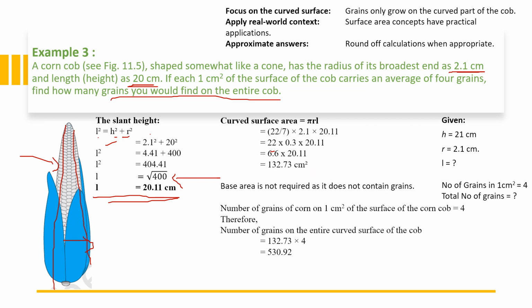We have 4 grains in 1 centimeter square, so in 132.73 square centimeter that is equal to 530.92. Approximately we say 531 grains in the entire surface area. This is the answer: there would be approximately 531 grains of corn on the cob.